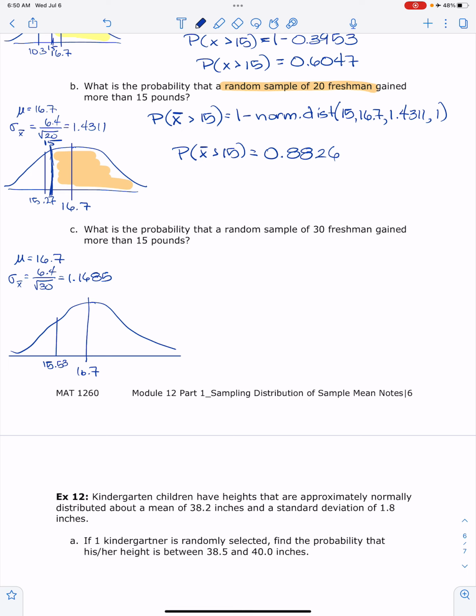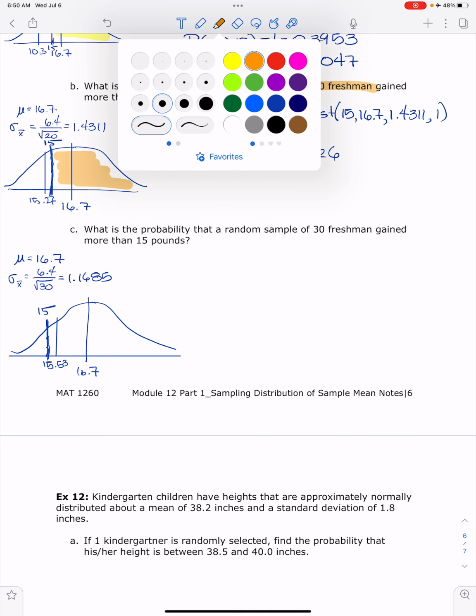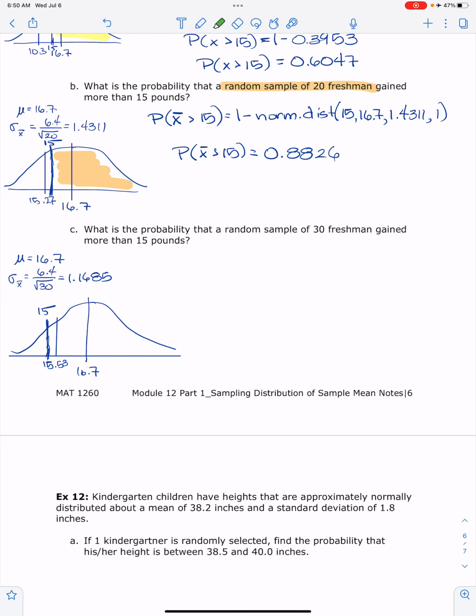Notice now that my 15 lies to the left of that. Probability that our sample mean is greater than 15.